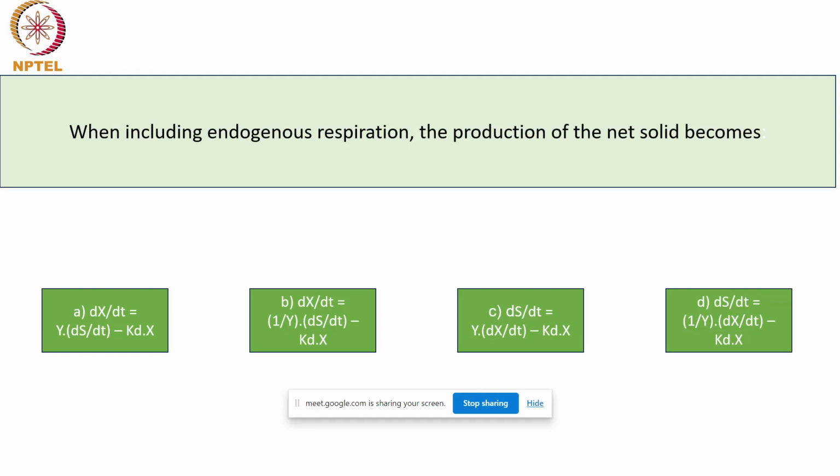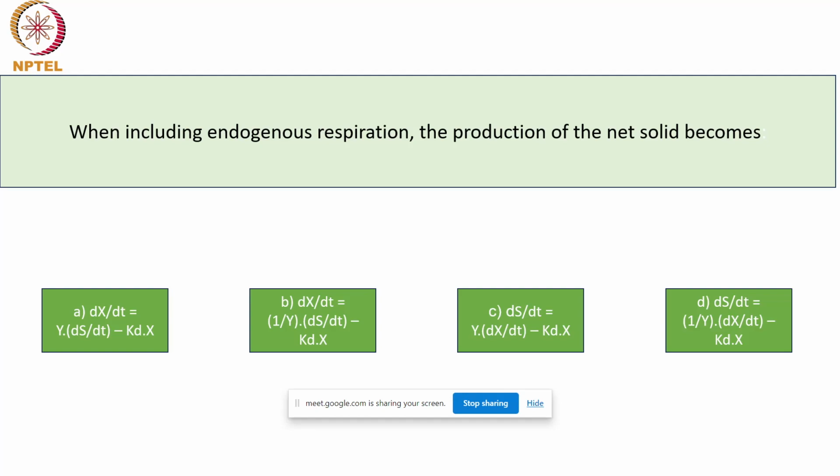That's how this Kd comes into the picture. It is a negative slope, that's why. So if we consider endogenous respiration also, the net growth rate will be ds by dt into dx by ds, that is your yield, minus the endogenous respiration rate constant into x. Is it clear?